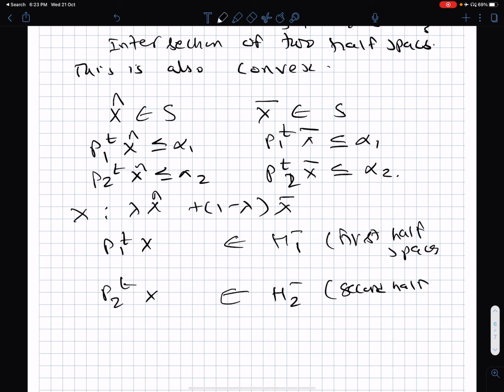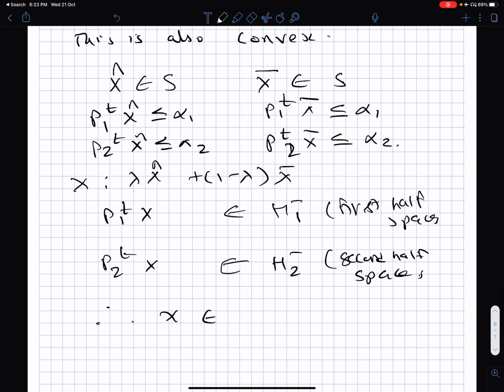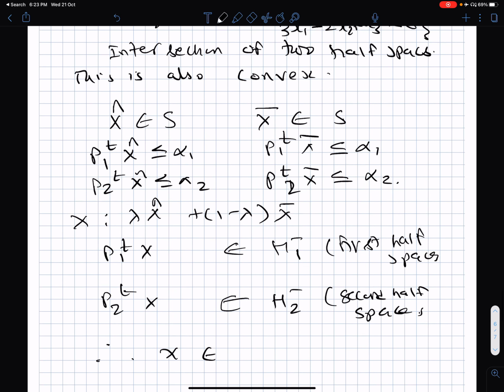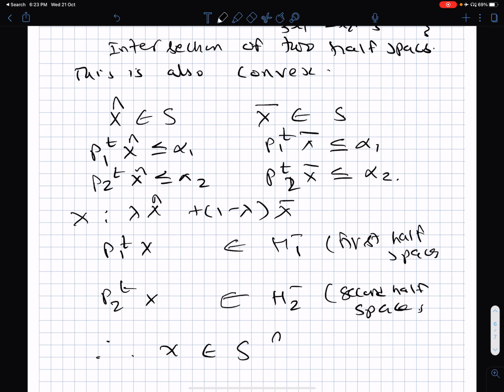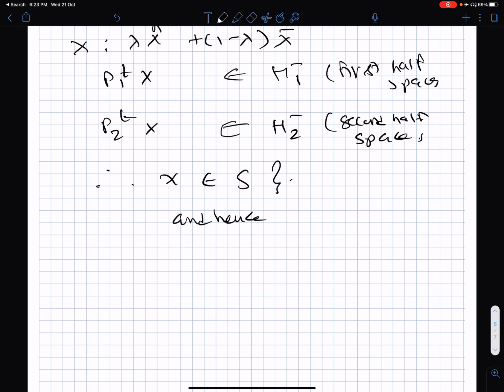It also belongs to the second half space, and therefore x also belongs to the set S, which is the intersection of the two half spaces, and hence the intersection of half spaces is a convex set.